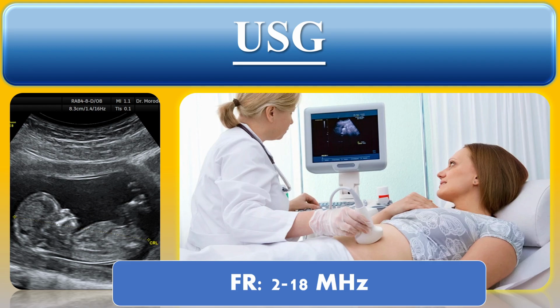This type of waves is used in ultrasound. They are not harmful, they don't penetrate much in the tissues, and they don't harm us. The radiation effect is almost zero in case of USG, so it is not dangerous at all. It is a very safe means of investigation.